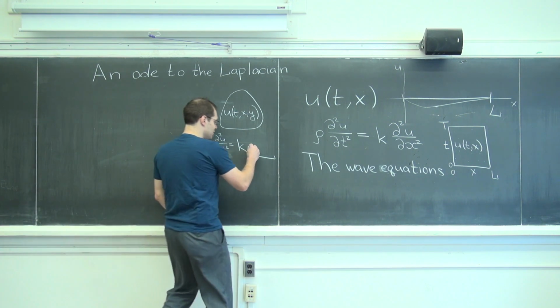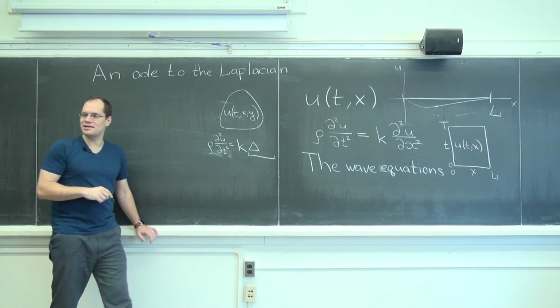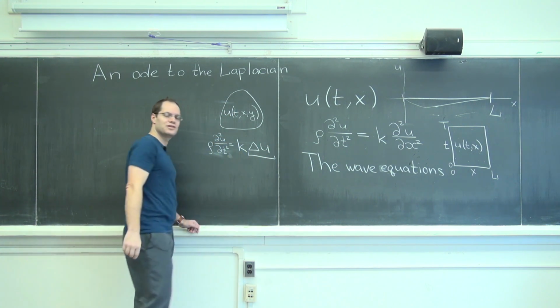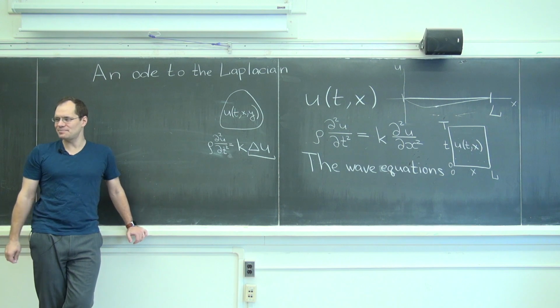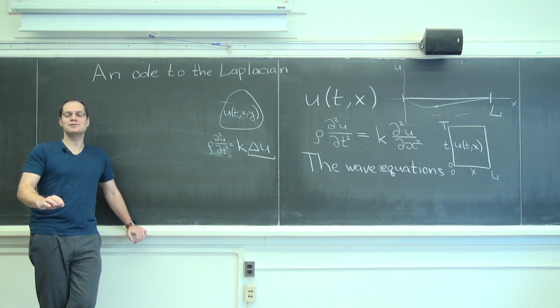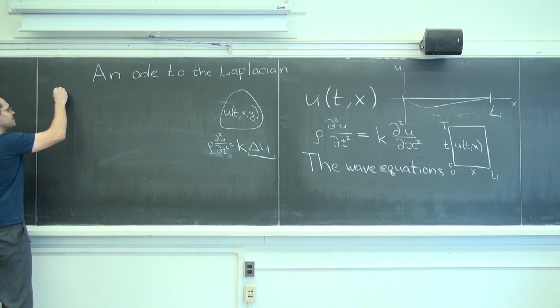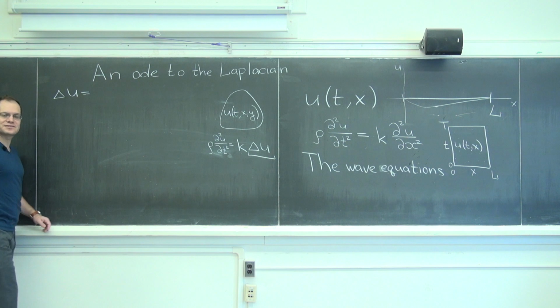So it's usually denoted by this symbol. It's such an important combination that it's worthy of a symbol, and it's called the Laplacian of u. I have a lot to say about the Laplacian, and maybe now is not the right time to do it. But here's the definition of the Laplacian. It's exactly what Jesse said. It's the sum of second derivatives.